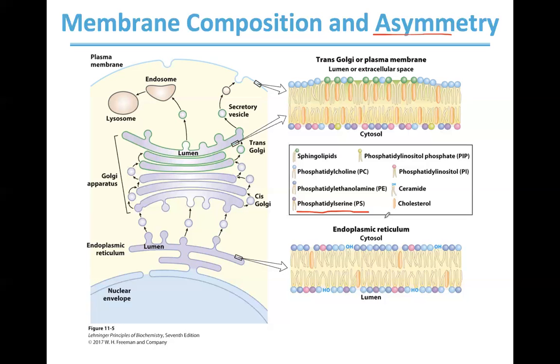But when a cell undergoes suicide, so for example, apoptosis, right? We talked about apoptosis many times. And one of the characteristic features of programmed cell death, of apoptosis, is the appearance of phosphatidylserine in the outer layer of the cell membrane.